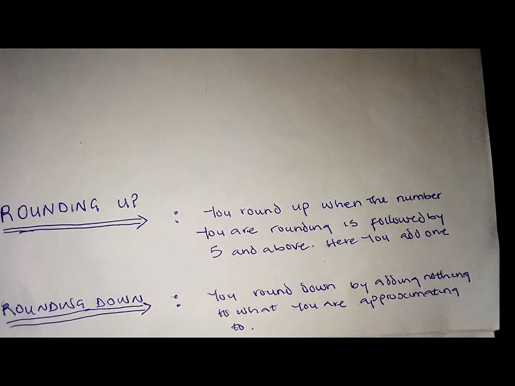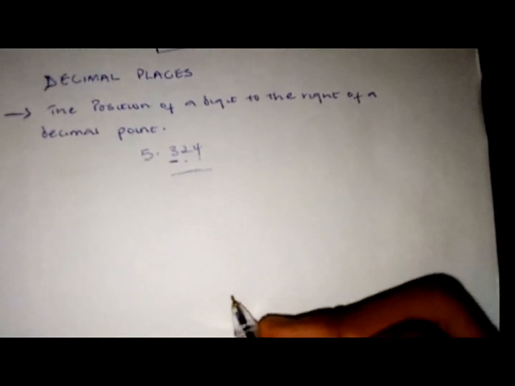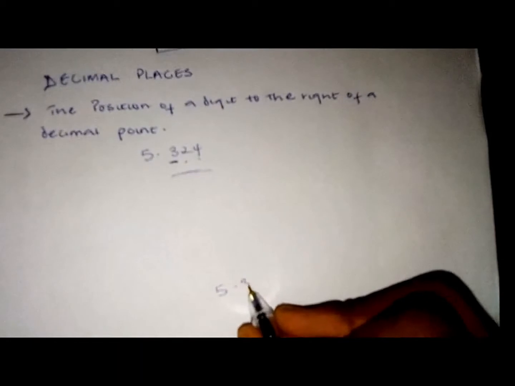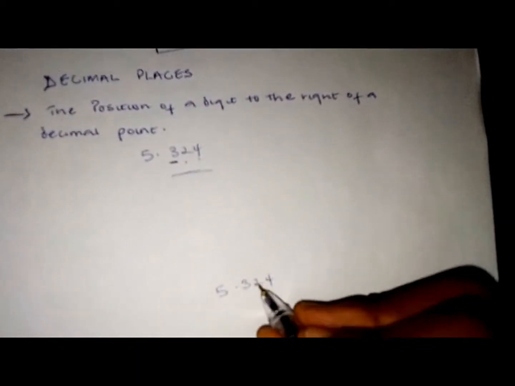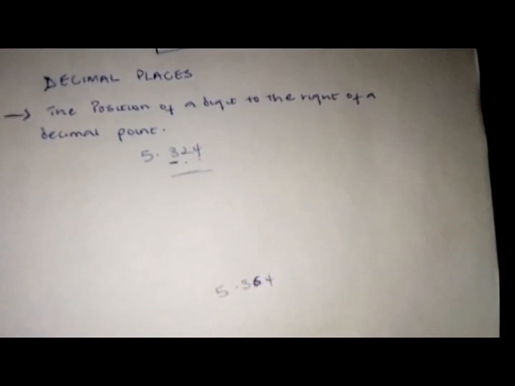So instead of explaining so much, let me just make it clear. So if we have, let's say, 5.324. Okay, sorry, let me make this 6 here. 5.364.